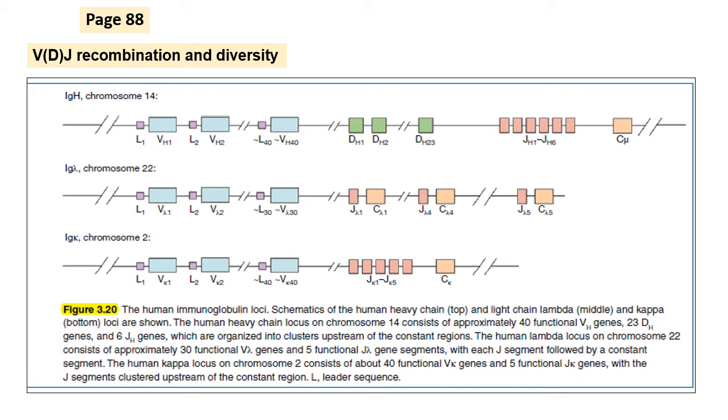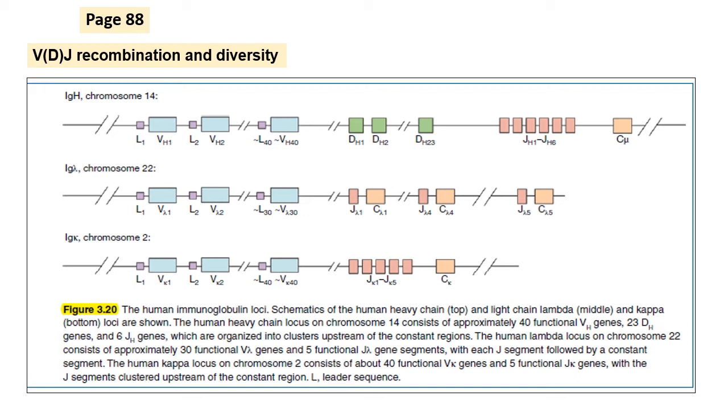For the immunoglobulin lambda chain, the genes are present on chromosome number 22 and contain the variable lambda with 30 functional genes and the junctional lambda with 5 functional genes.